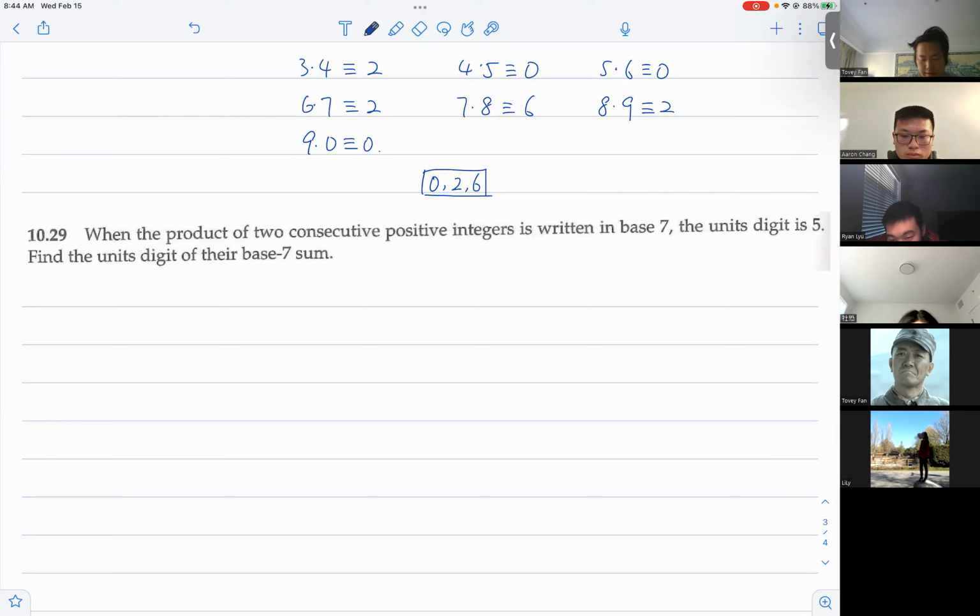It's very similar to the exercises we have done. Two consecutive integers in base 7, and their product has a unit digit of 5, right? So what do we do?